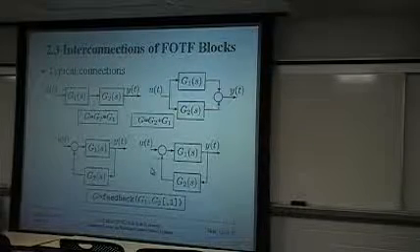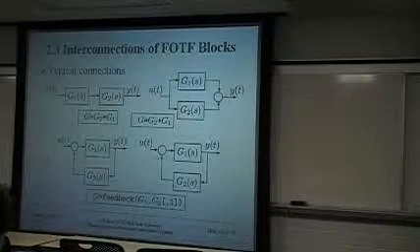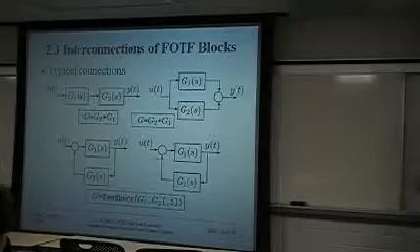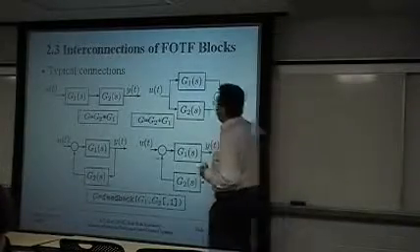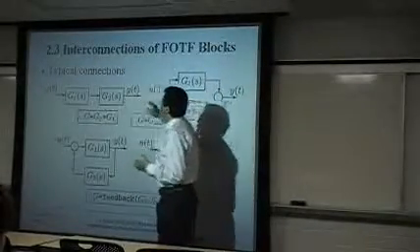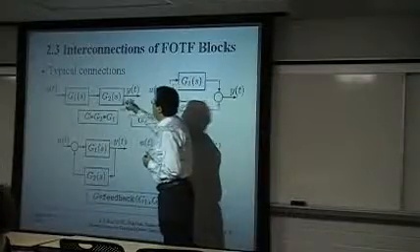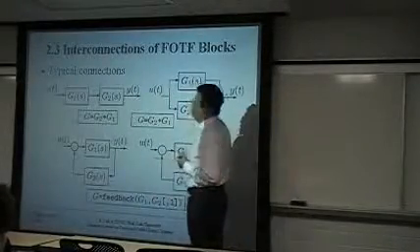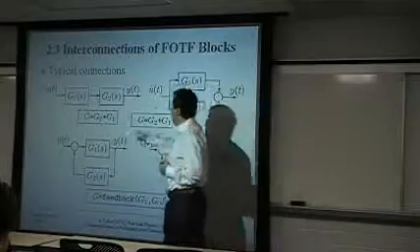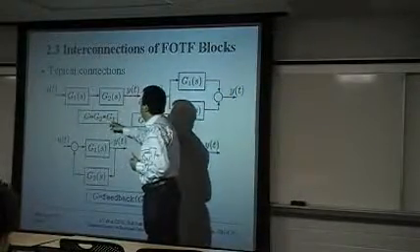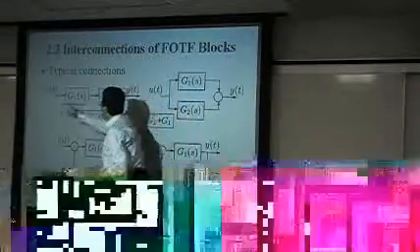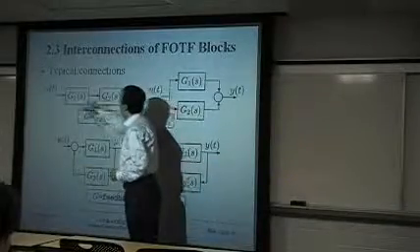So what about the interconnections of fractional order transfer functions? In control, the connections we usually use are the series connection, and in mathematics we express the overall system from U to Y by G2 times G1.